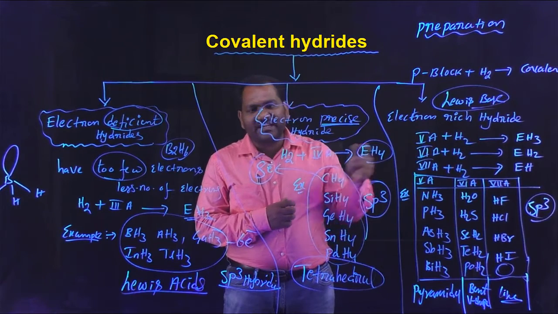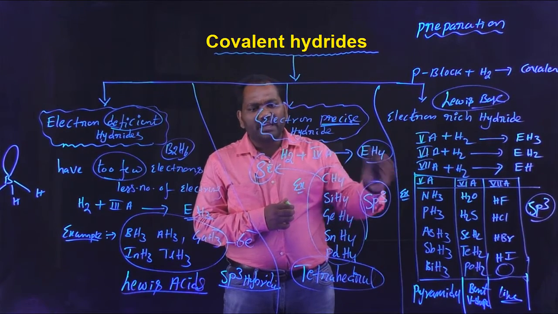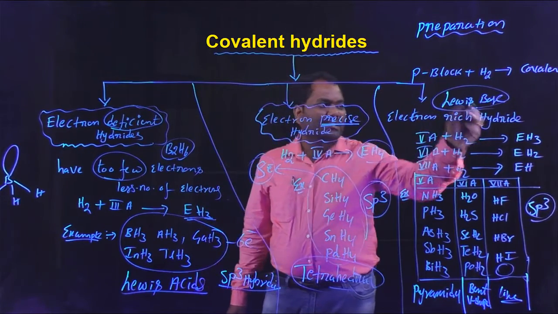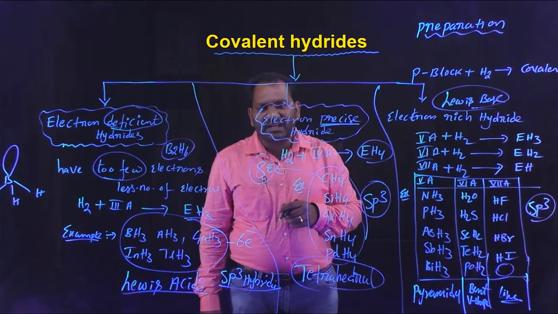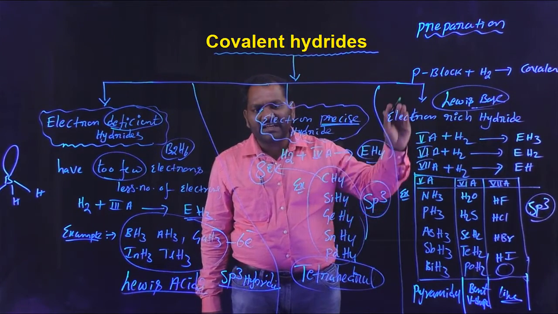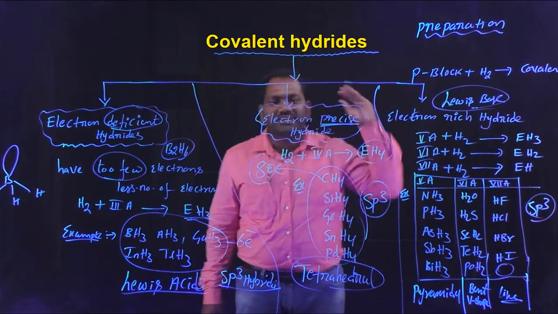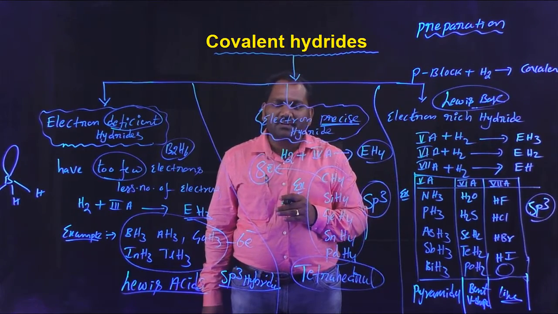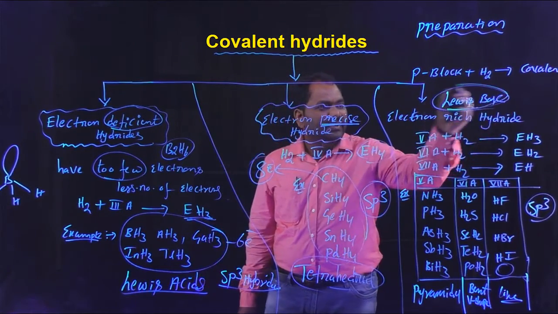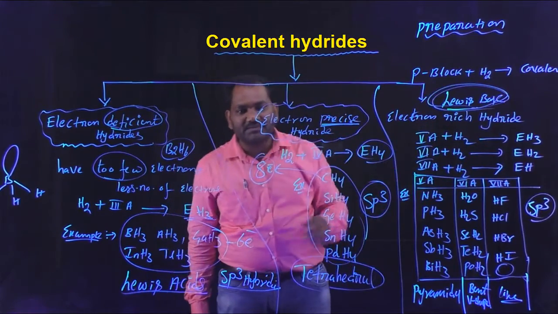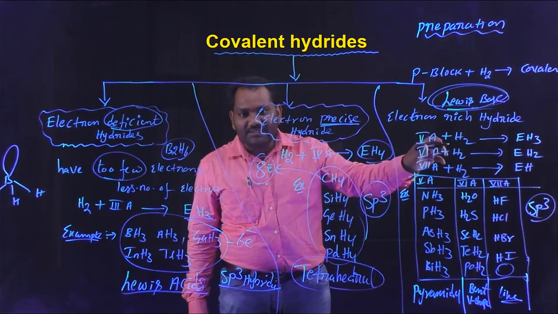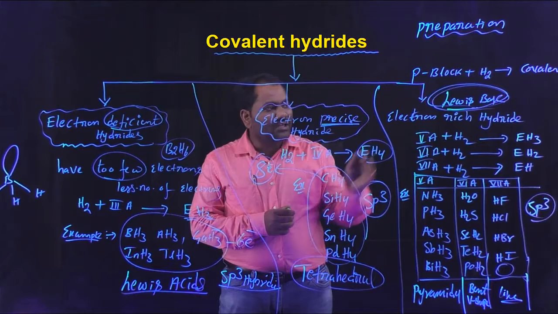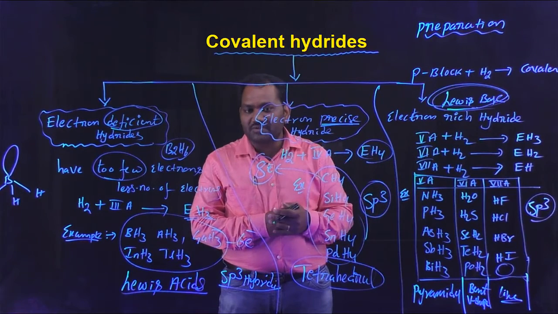Due to the presence of excess electrons, that is lone pairs of electrons, these act as Lewis bases. Because they can easily donate electrons to electron deficient hydrides. And also these act as nucleophiles. In organic chemistry, this point is most important. Also electron donors, electron donating groups.